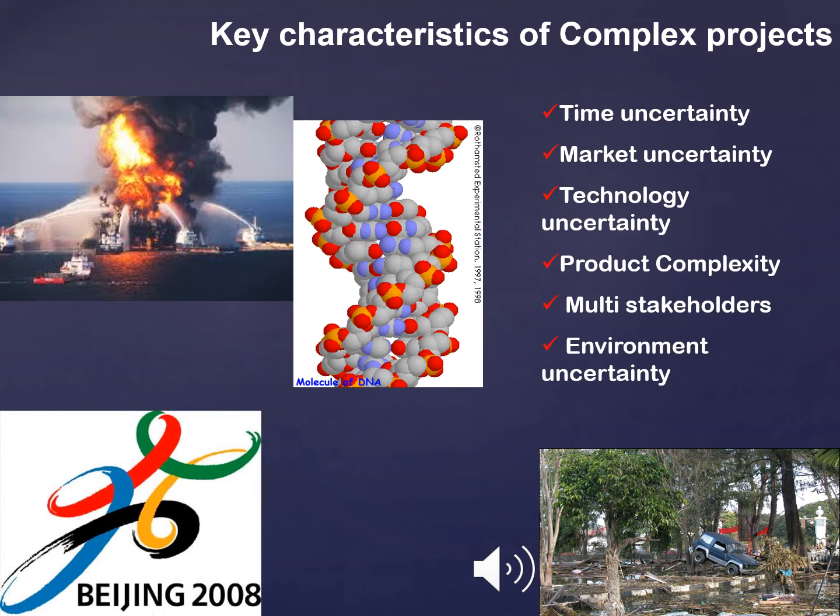Considering those examples, we can see that the main characteristics of complex projects are, first, time uncertainty, which relates to how long a specific task will take to be performed. Also, it can be related to when a specific event will happen. For example, in the case of the tsunami, nobody knew the exact date of the tsunami.